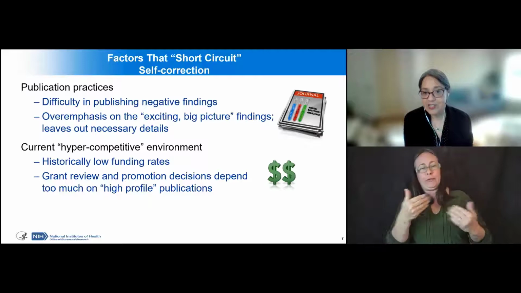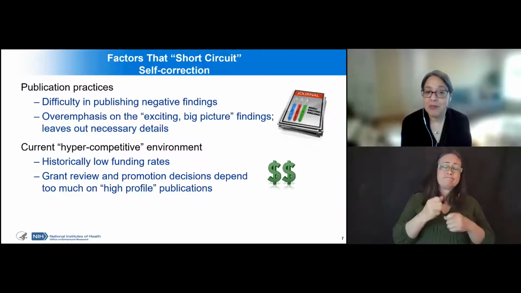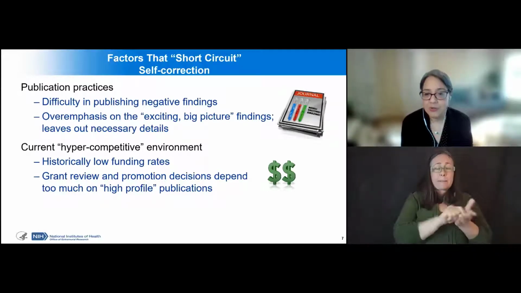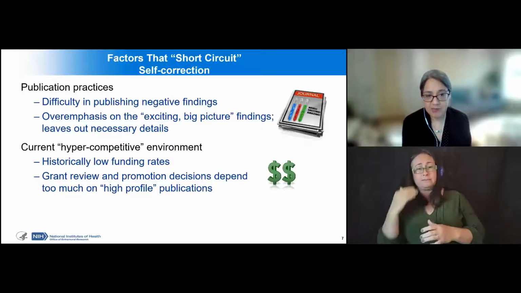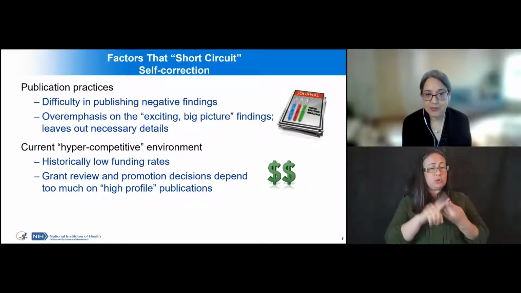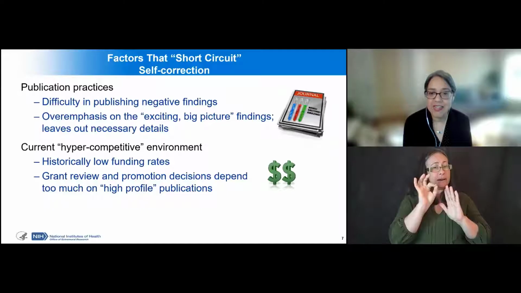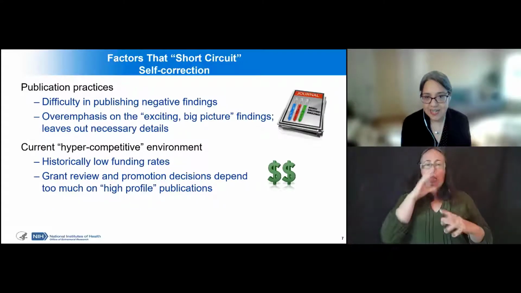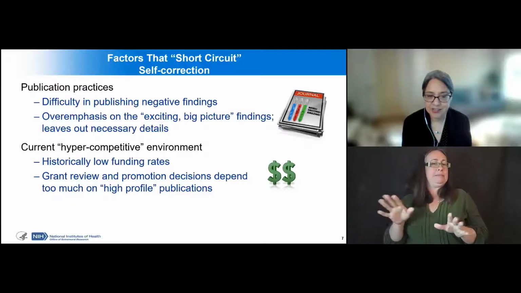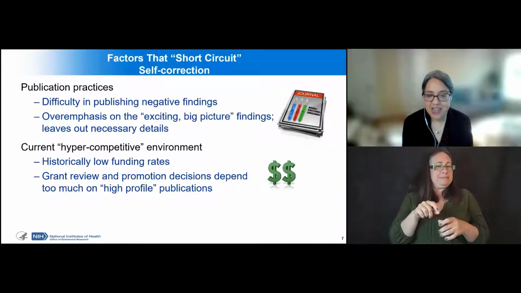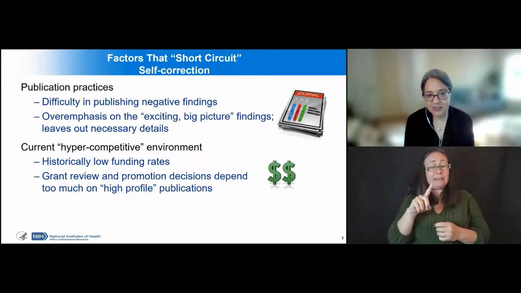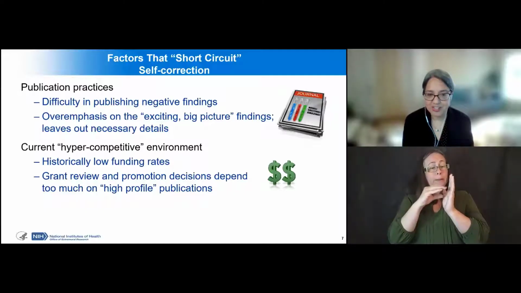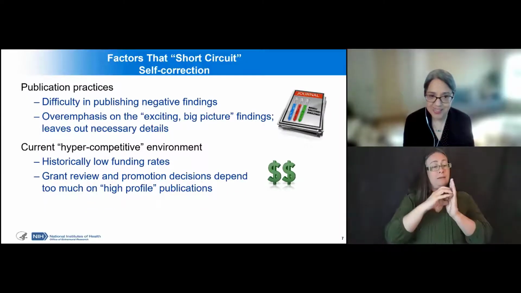Other factors that can short circuit self-correction are publication practices. We all know there's a difficulty in publishing negative findings. There's also an overemphasis on the exciting big picture findings that leaves out necessary details. We've seen this for many years. You saw that the methods sections of papers were shrinking and shrinking, and hopefully we're starting to reverse that trend.